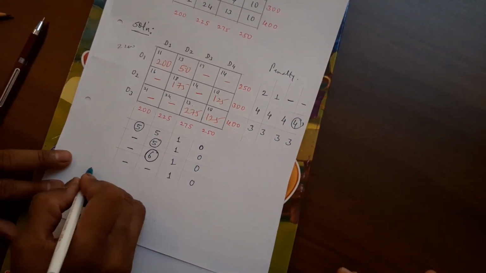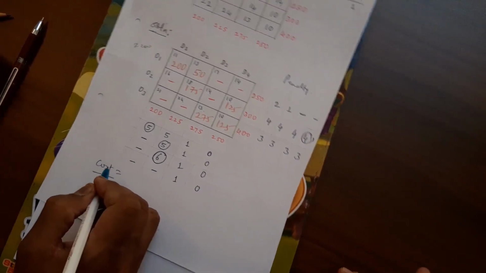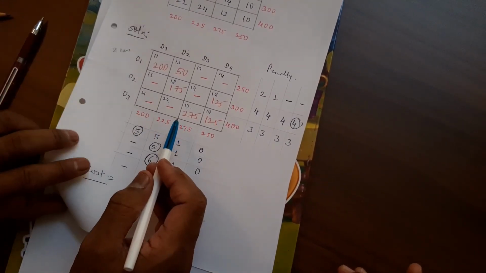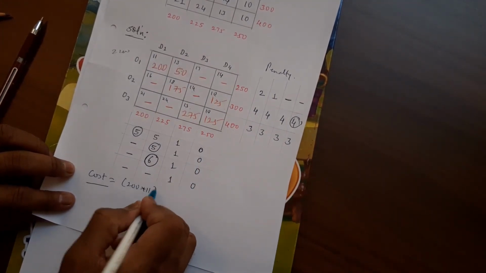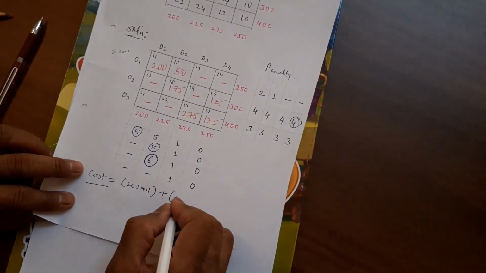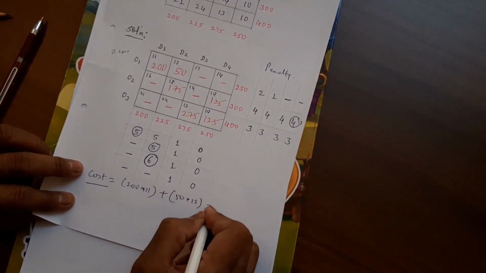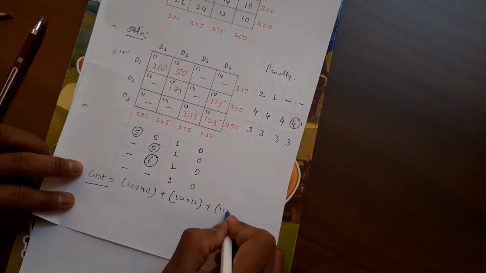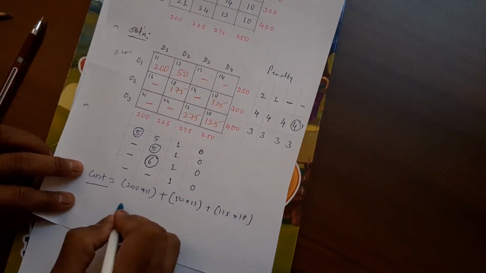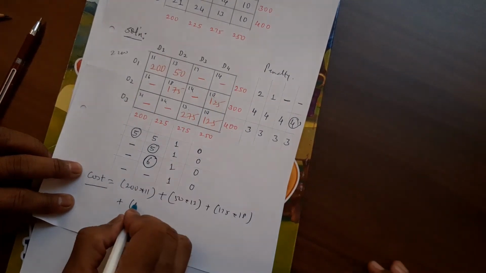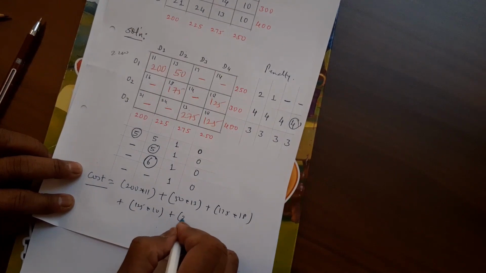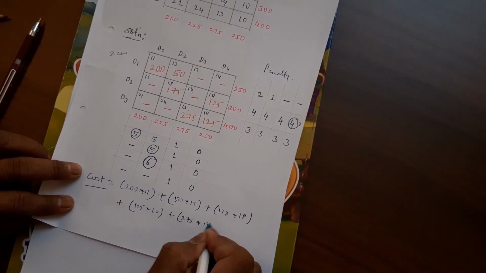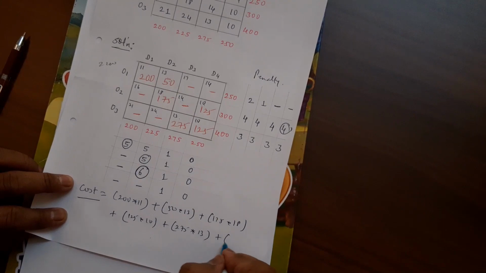Now let me find out the total cost that is involved, right? Now the cost is 200 multiplied by 11 plus 50 multiplied by 13 plus this one 175 multiplied by 18 plus this one 125 multiplied by 10 plus 275 multiplied by 13 plus the last one 125 multiplied by 10.